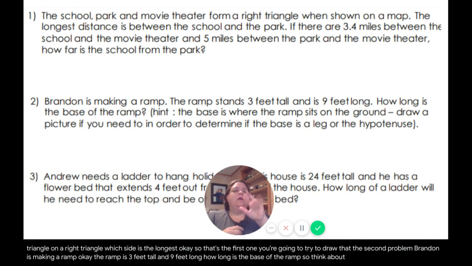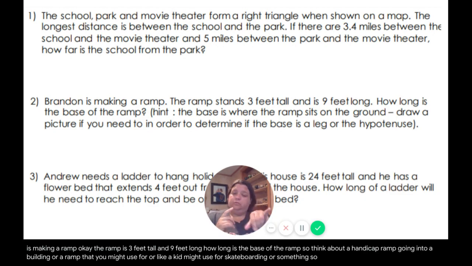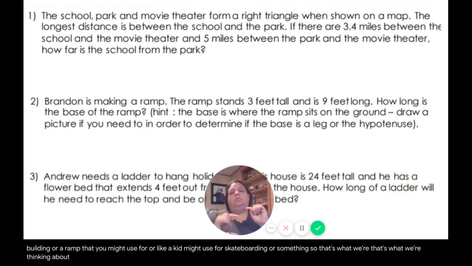So think about a handicap ramp going into a building, or a ramp that a kid might use for skateboarding or something. So that's what we're thinking about. Try to picture that and then draw that. It's 3 feet tall and it's 9 feet long.